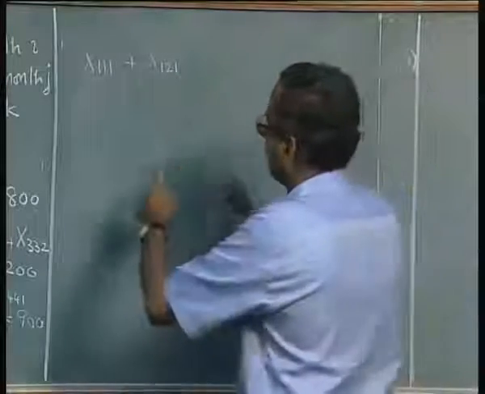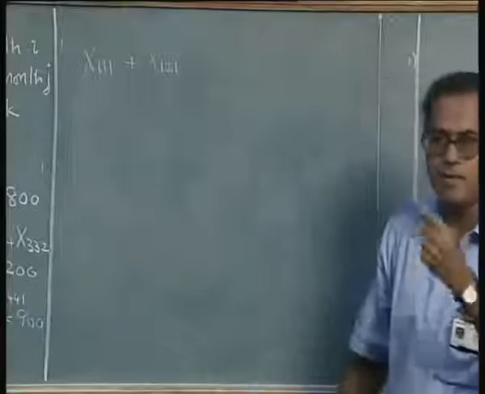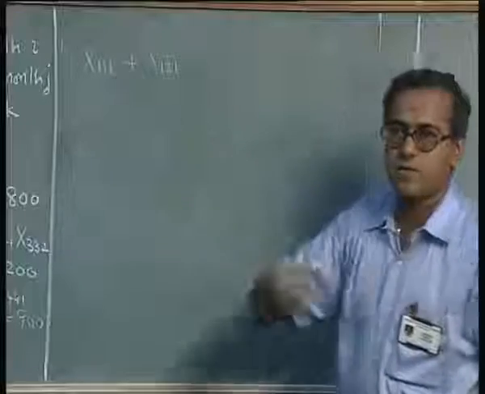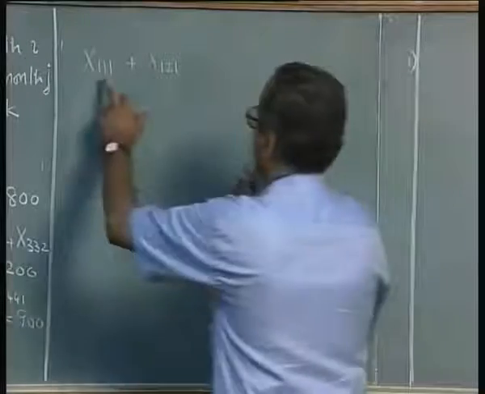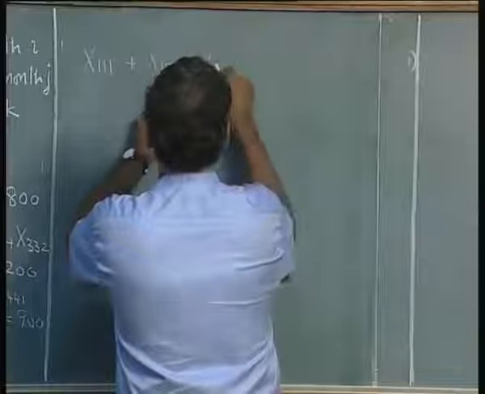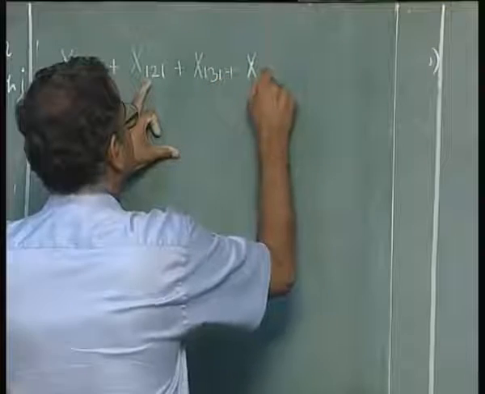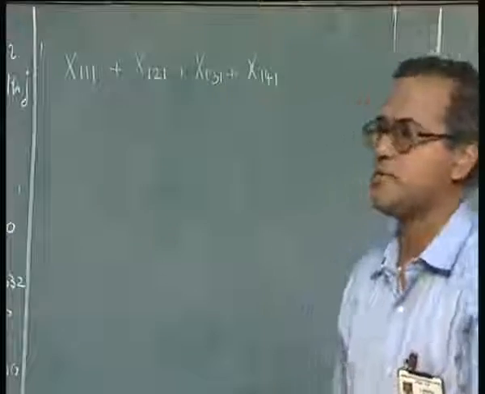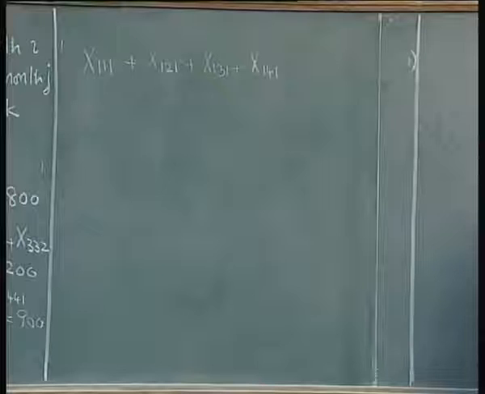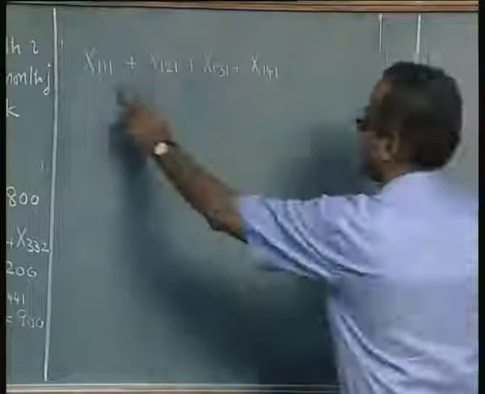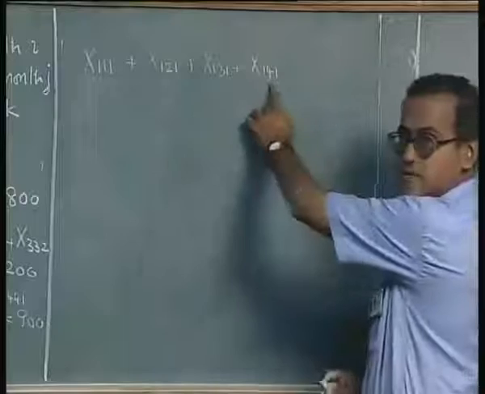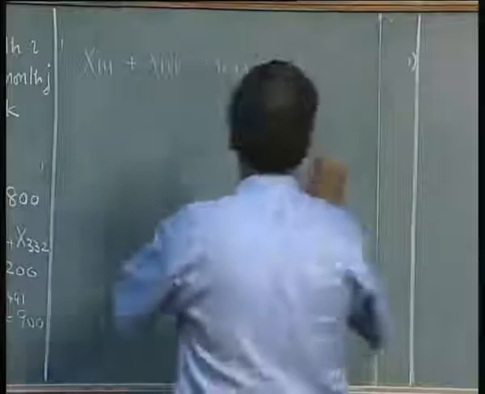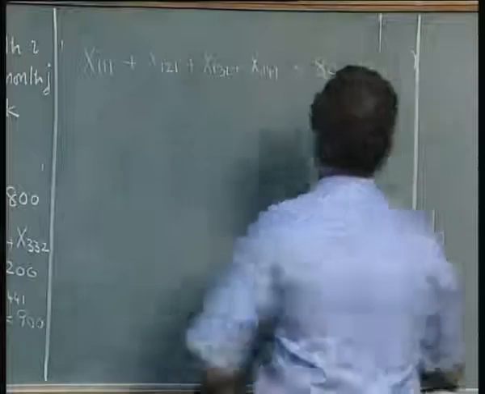So, when we are looking at the first month's regular time production quantity, i will be 1, k will be 1, but j can be 1, 2, 3 and 4. So, you will have x111 plus x121 plus x131 plus x141. Now, these 4 represent the quantity produced in the first month using regular time to meet the demand of months 1, 2, 3 and 4. So, this should be less than or equal to the regular time capacity of 800.